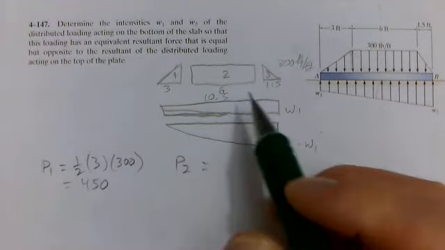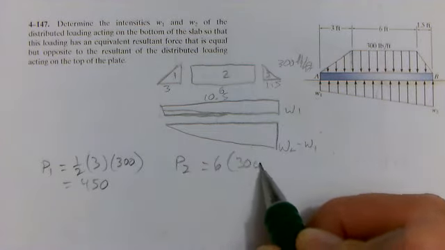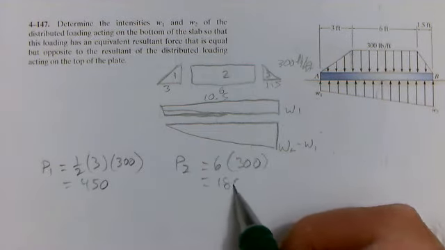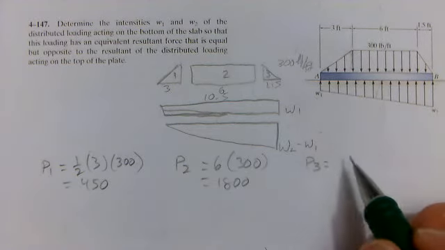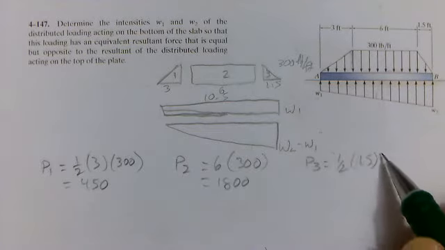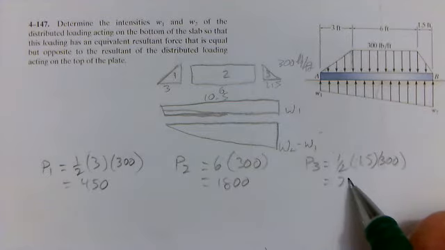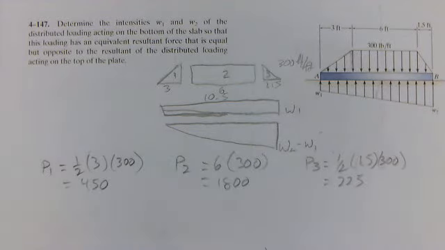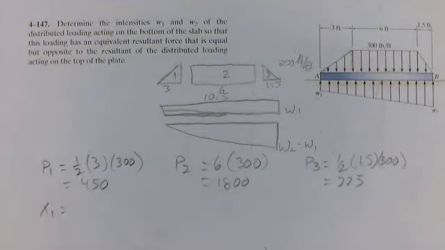On section 2, it's just base times height, 6 times 300, or 1800. And P3 is 1/2 the base, 1.5, times the height, 300, and that equals 225.